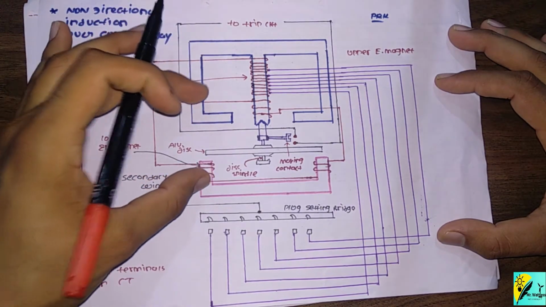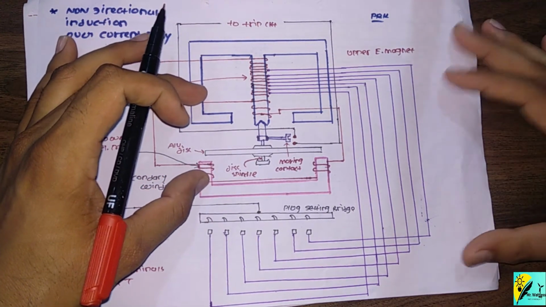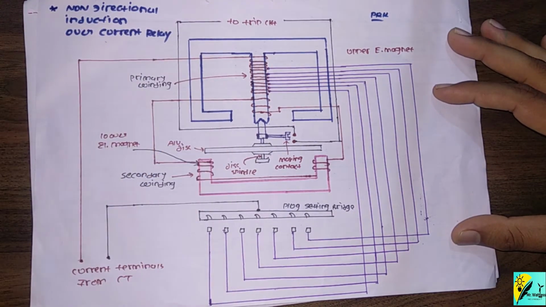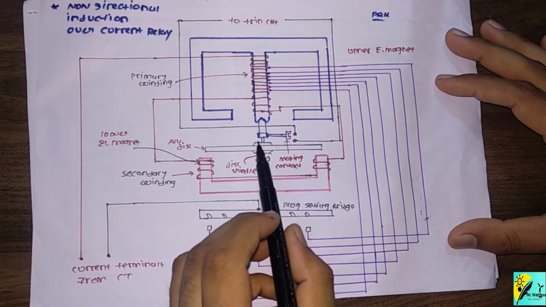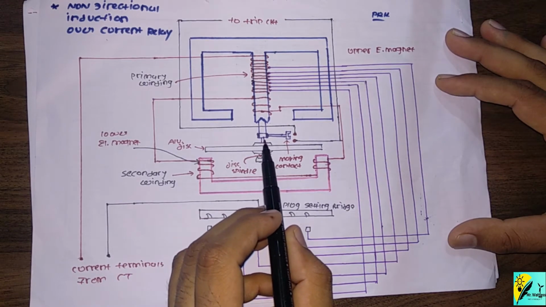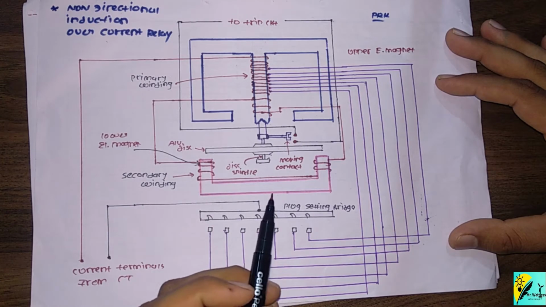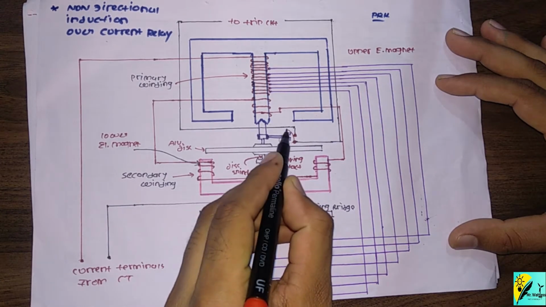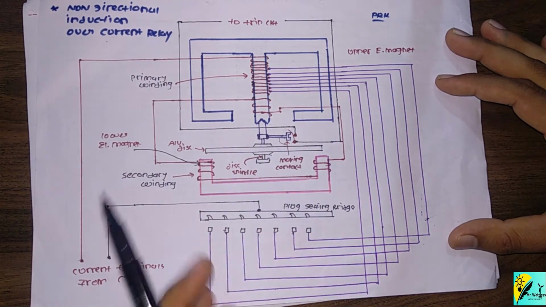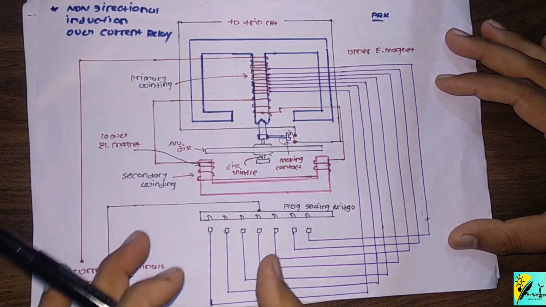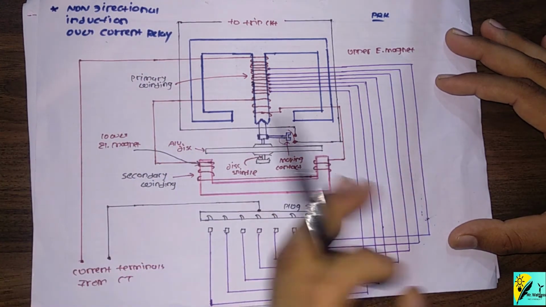And what is the purpose of these two magnets? That we have already discussed. So the aluminum disc is free to rotate between the two magnets, and the spindle of the disc carries moving contacts. When the disc rotates, the moving contact comes in contact with the fixed contact.